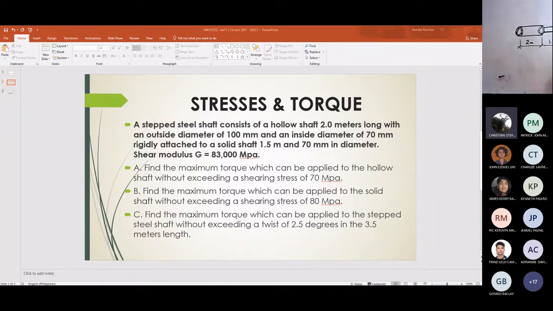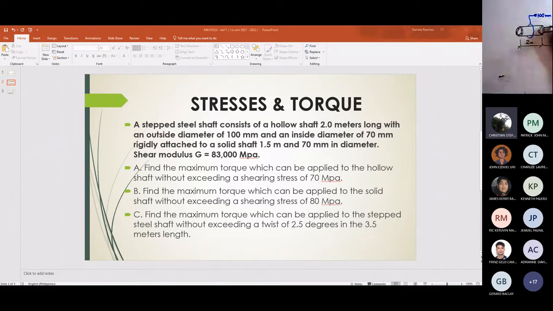The outside diameter of the first shaft, itong hollow shaft, the outside diameter, if we are going to draw the outside diameter, this outside diameter is 100 mm in diameter.